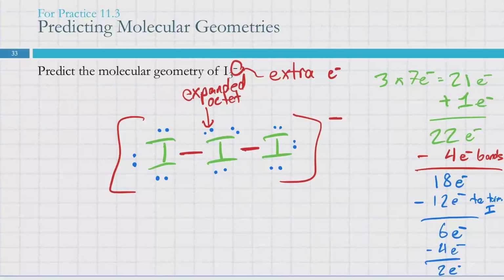If you have an option of multiple places to put negative formal charges, you want it on the more electronegative atom. These are all the same electronegativity, so we would just put it on the middle one. And then this negative for our formal charges shows up because this iodine in the middle has a -1 formal charge.